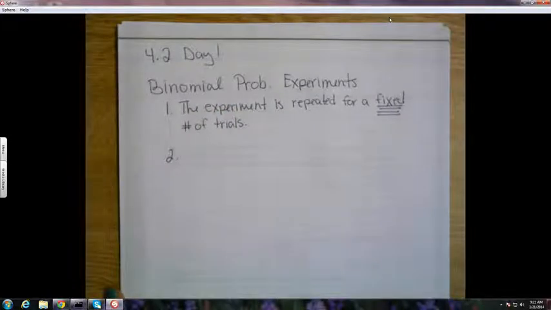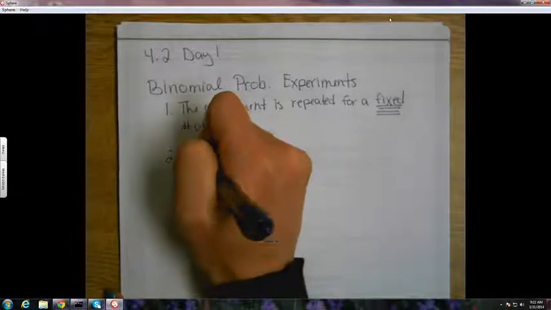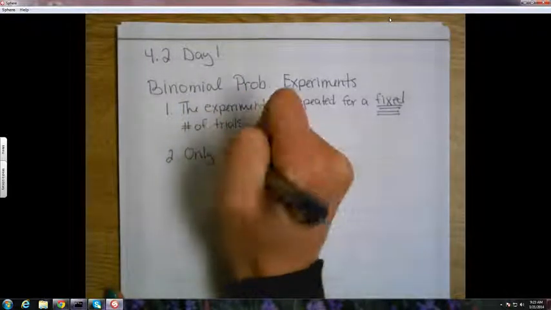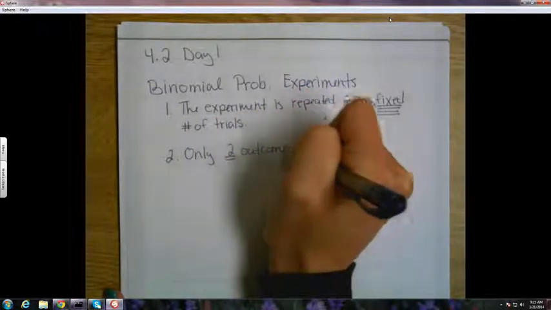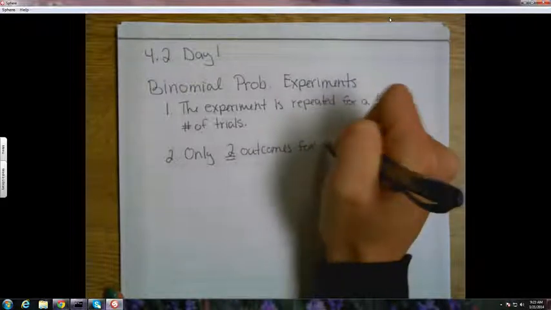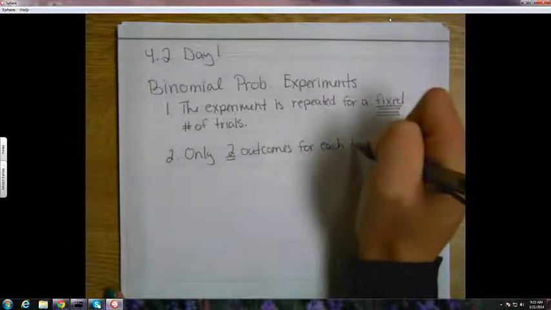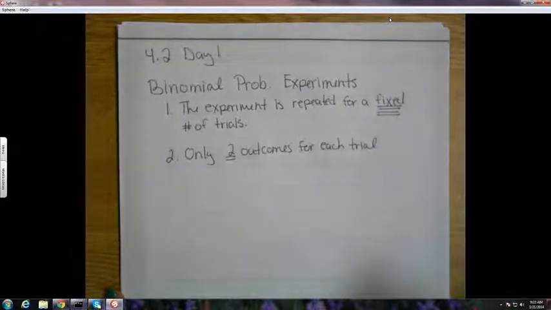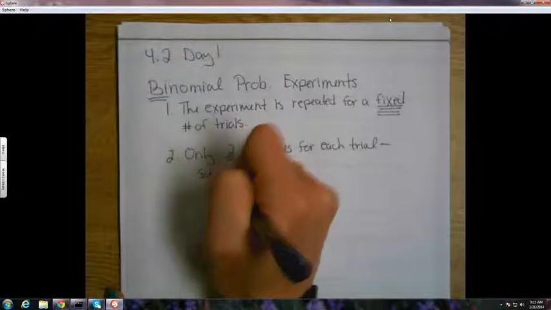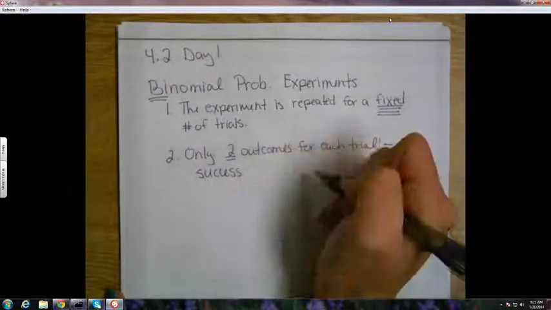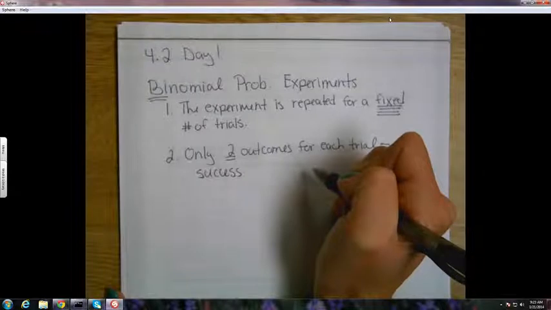And each time you do a trial, there's only two outcomes for each trial. Thus the name binomial, bi meaning two. What do you think those two outcomes are? Success or failure.